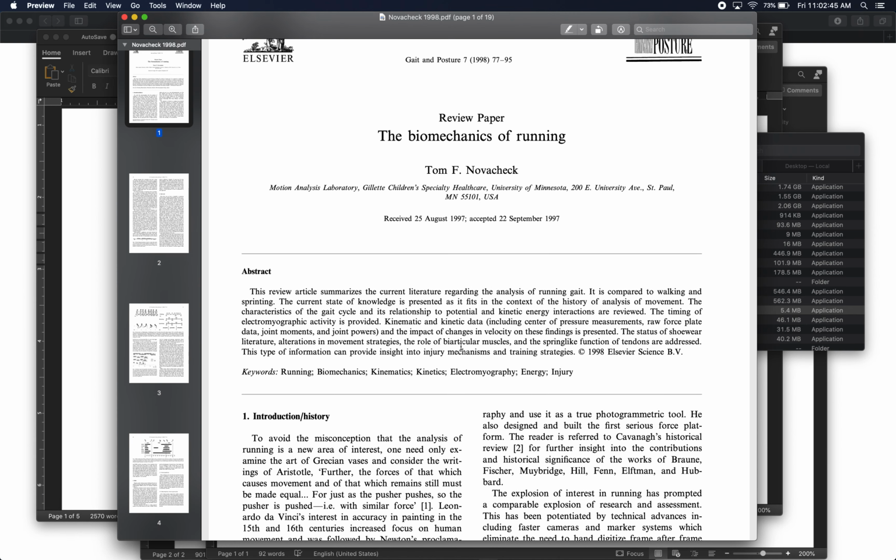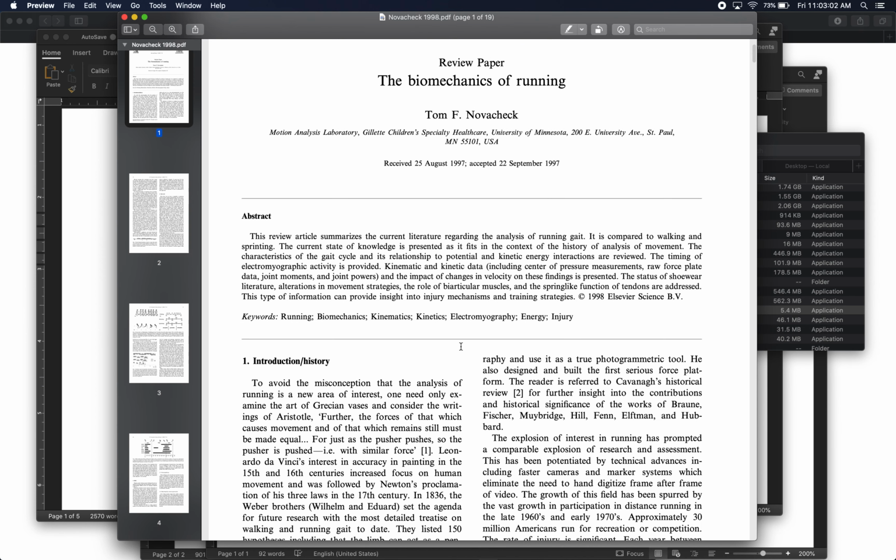I like this article because it has a very instructional tone and style. It's targeting individuals like you who are maybe interested in the biomechanics of running but don't yet have a deep knowledge of it. So he does a nice job of summarizing the main elements of gait analysis and biomechanics for a movement like running.